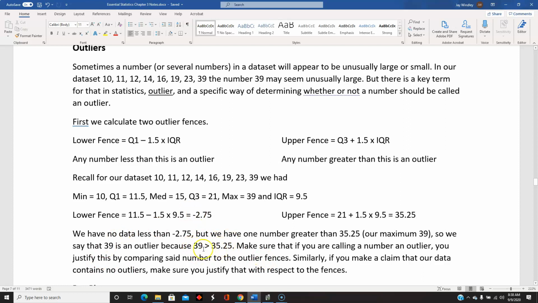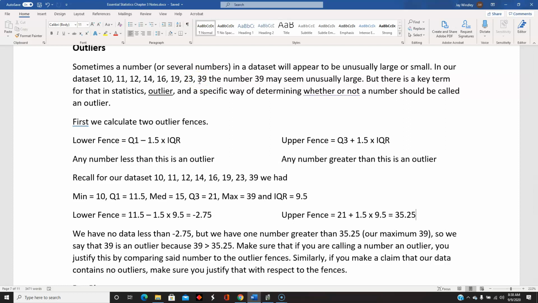Very important that you make this comparison here, because anybody could look at this data set and just take a guess and say, hey, 39 is an outlier because it's the biggest number. But that's not a mathematical justification.